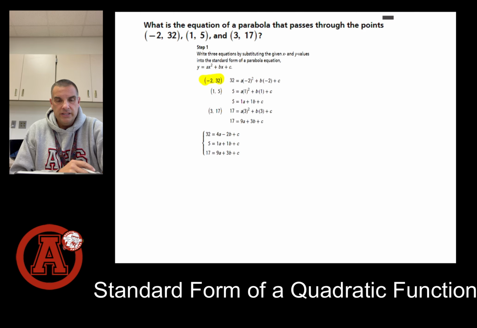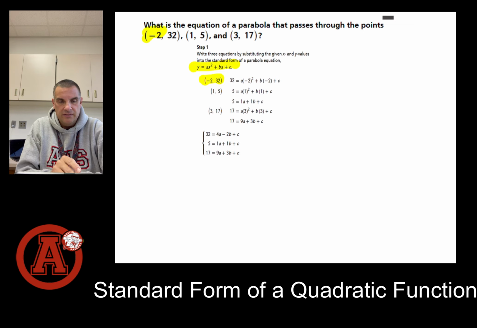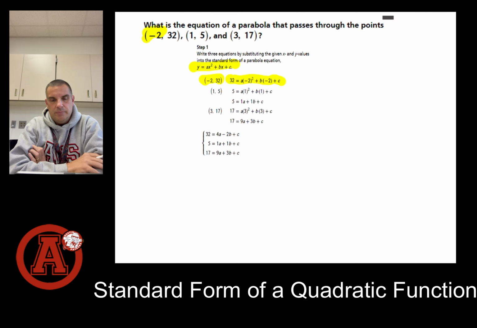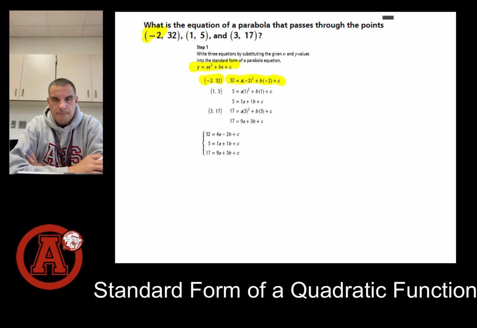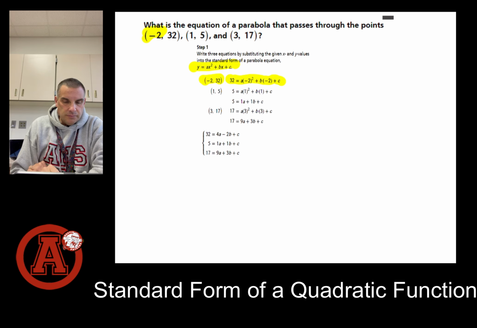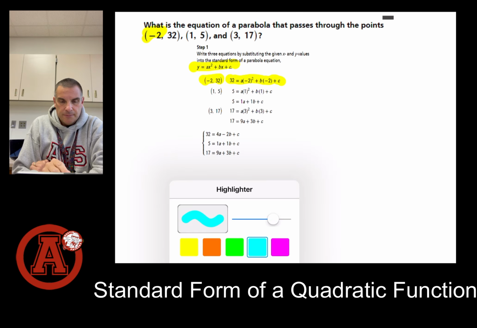Anywhere we see a y value, we're going to replace it with 32, and anywhere we see an x value, we're going to replace it with negative 2. So we would get 32 is equal to negative 2 squared plus b times negative 2 plus c, and we'll simplify that in just a little bit. Then we're going to go to the second point, 1, 5.